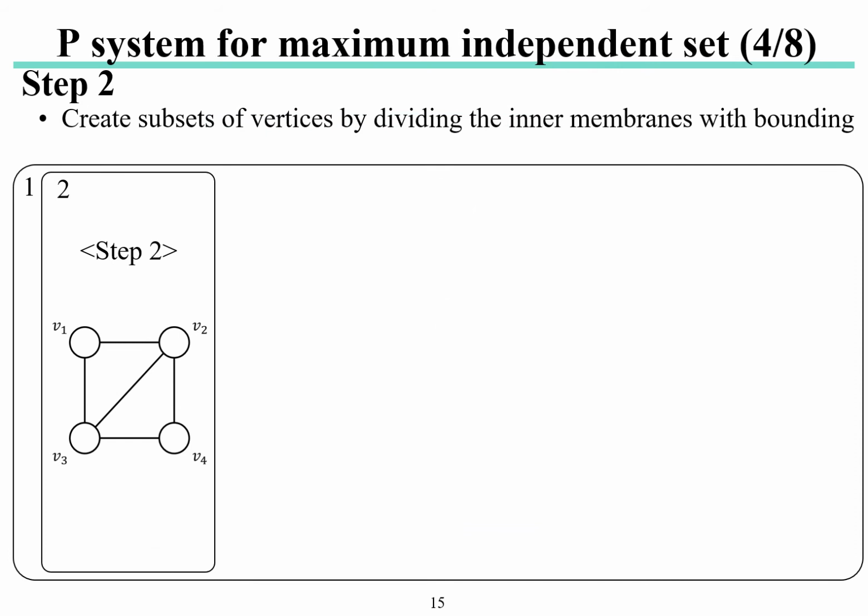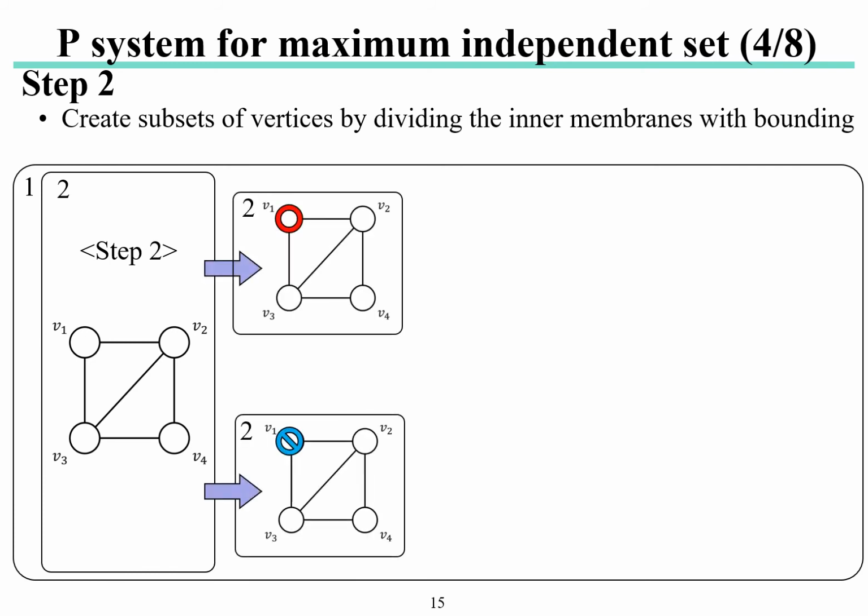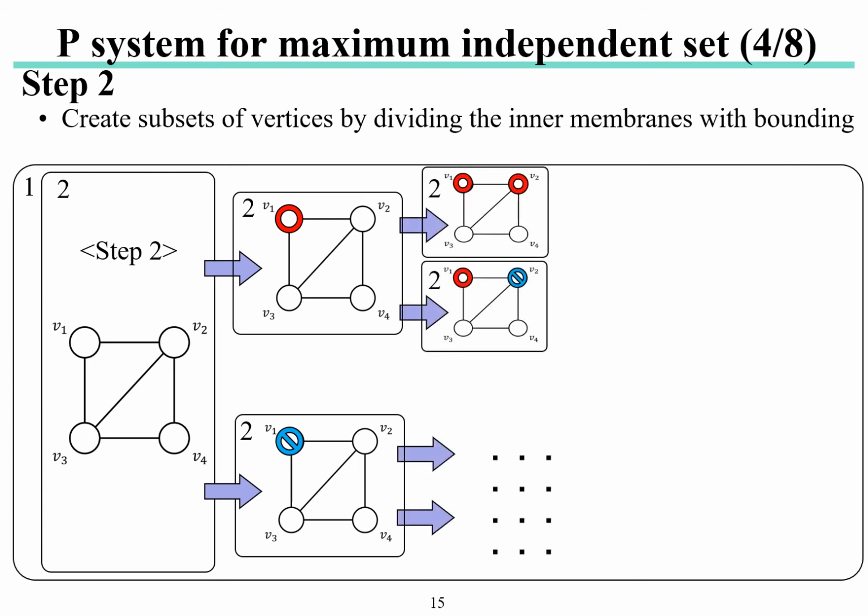Next, in the second step, subsets of vertices are created by dividing the inner membrane with bounding. For example, in this case, first, this membrane is divided and V1 is assigned to be in the subset or not. Next, these membranes are divided in the same way.